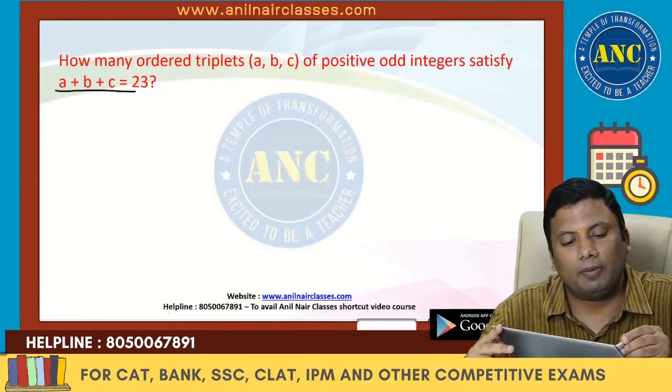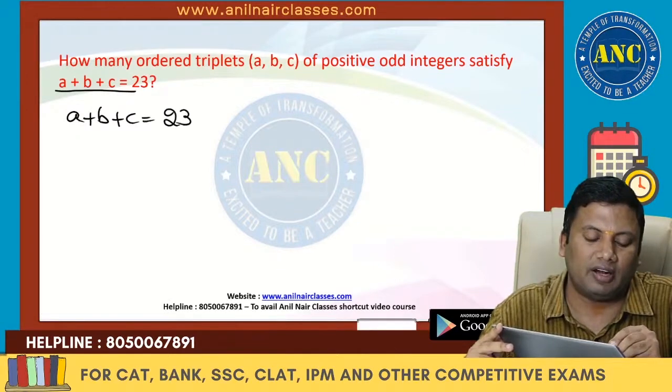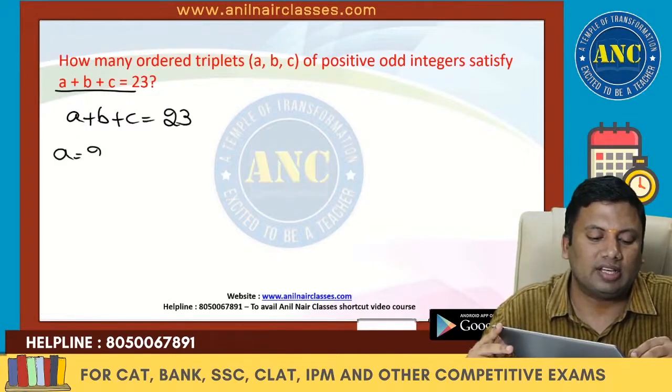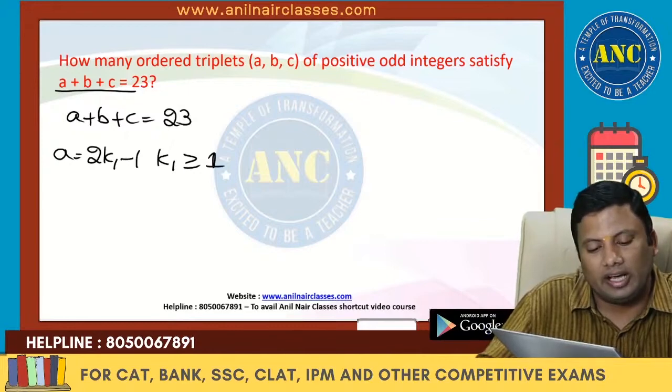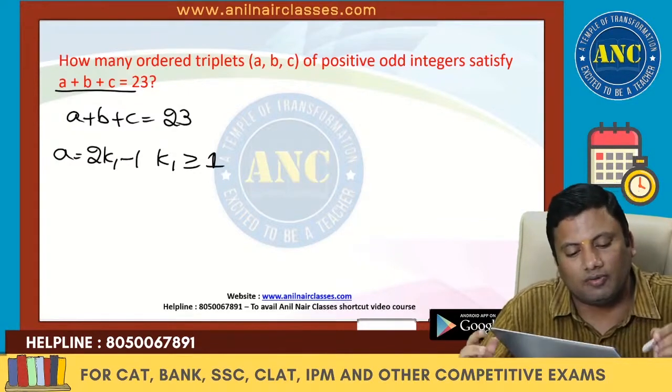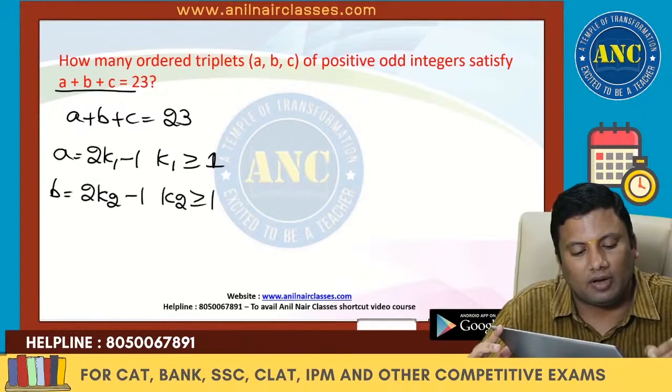A plus B plus C is 23. If variables start from 1, it is easy for us. So A is 2k1 minus 1, k1 greater than or equal to 1. Even if you take 2k1 plus 1, that also will give an answer, which we will discuss. B is 2k2 minus 1, k2 greater than or equal to 1.